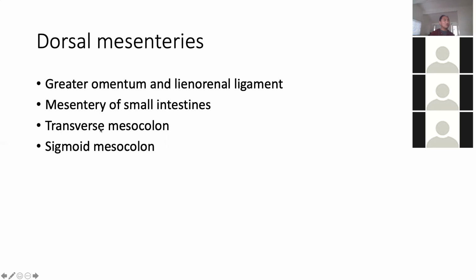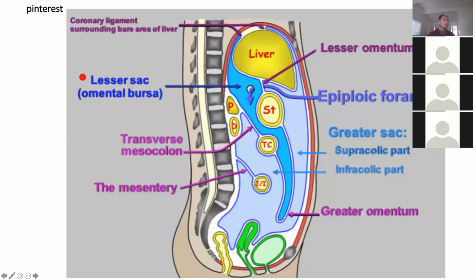From the transverse colon going to the posterior abdominal wall, the transverse mesocolon. The greater omentum, which is hanging down here, is dorsal mesentery, and the mesentery of the small intestine, because from the small intestine it goes to the posterior abdominal wall. So these are the dorsal mesenteries. If we look at that again, this is the small intestine going to the posterior abdominal wall.